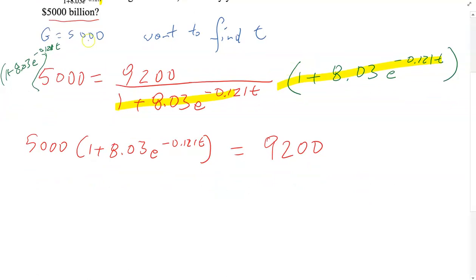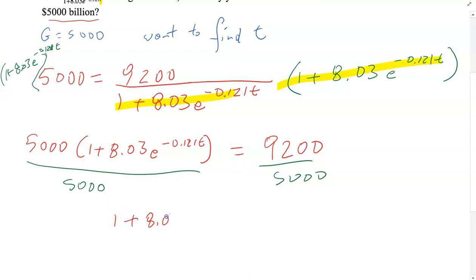The other thing you might want to do is get rid of this 5,000 on this side, so divide both sides by 5,000. And what we have left here is 1 plus 8.03 e to the negative 0.121 t equals 9,200 over 5,000, because these two cancel.